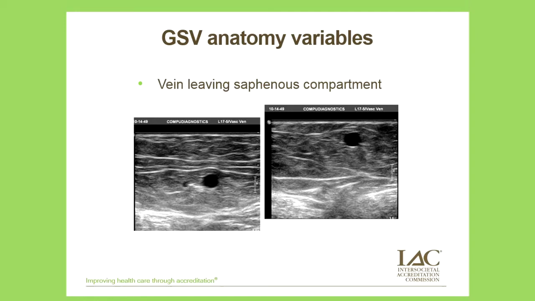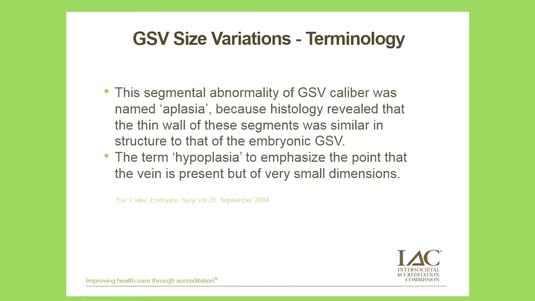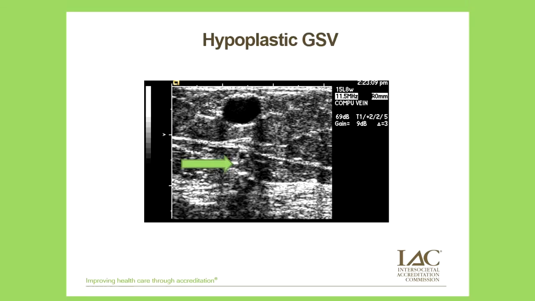Next is aplasia and hypoplasia. Aplasia is when there's no vein, and hypoplasia is when the vein is small but present. Here's an example that I've drawn out for you with the arrow of a different patient. It's very common around mid-thigh that sometimes we'll have a large parallel tributary and the great saphenous vein is hypoplastic.